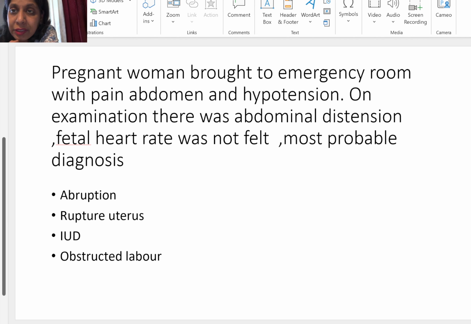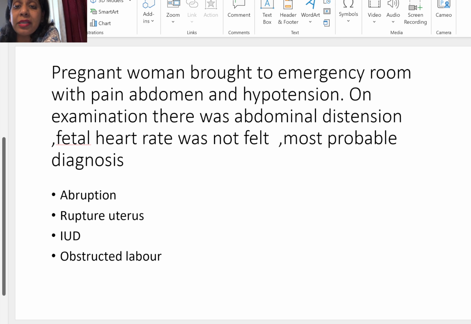When the spiral artery tears, the bleeding is between the placenta and the decidua. So it is quite probable that it can be concealed bleeding also. The bleeding is so high that the patient is going into hypotensive shock, due to that concealed bleeding.